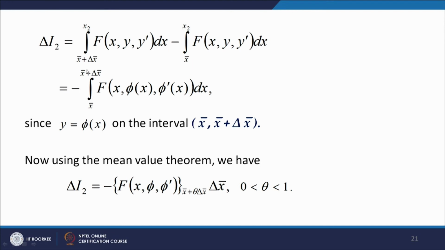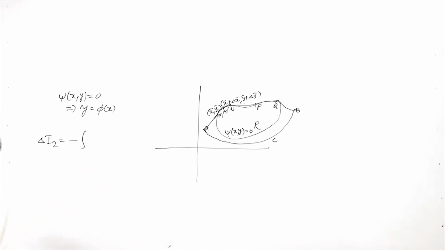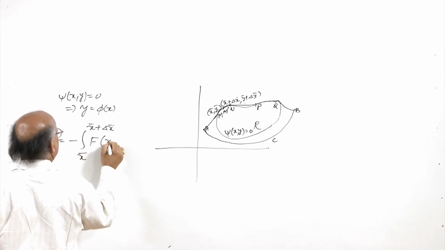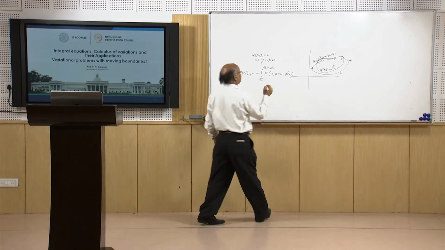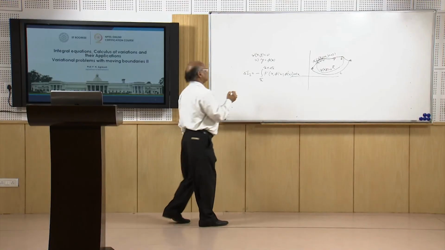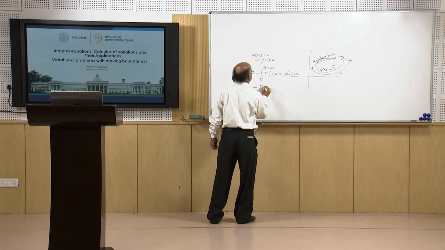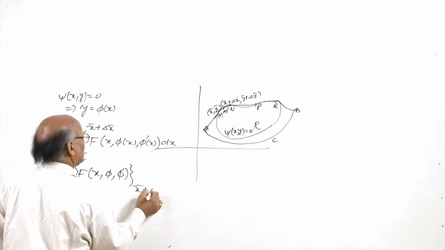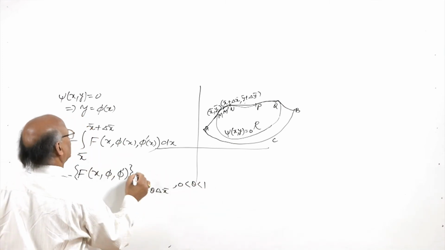So, by using the mean value theorem, delta I2, which is minus the integral from x bar to x bar plus delta x bar of f(x, phi(x), phi'(x)) dx, can be written as minus f(x, phi, phi') at x bar plus theta delta x bar, where theta lies between 0 and 1, into delta x bar.